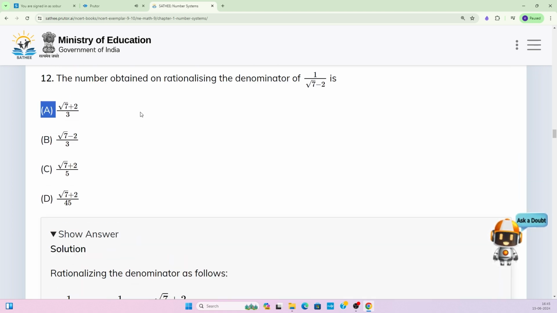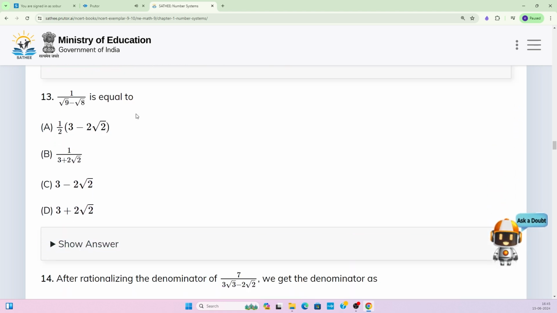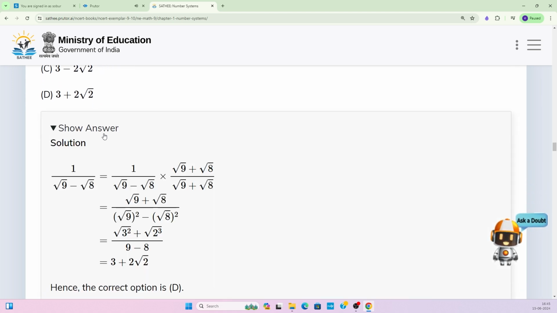And now let us move to the next problem. Here we have 1 by square root 9 minus square root 8 is equal to what? We have been given 4 options, and among these four options we have to find which one is correct. So let us check.